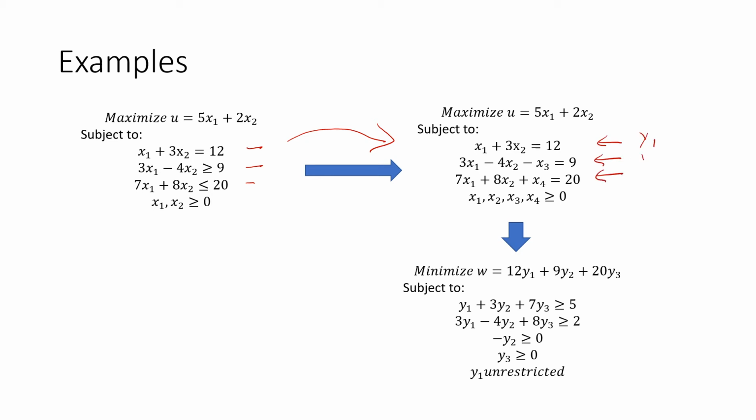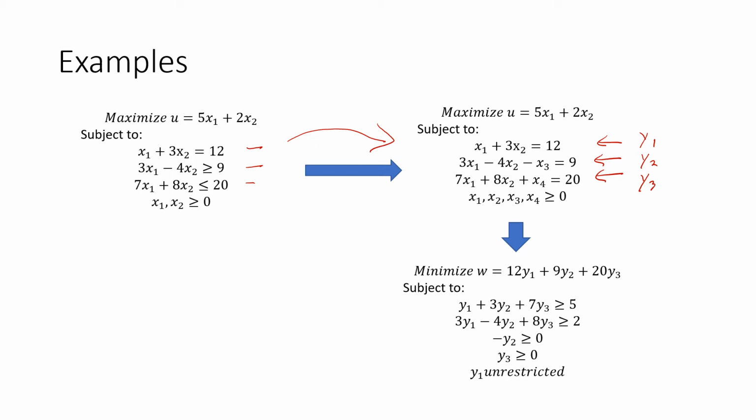So we assign y1, y2, and y3 to the three constraints in turn. The constraint for each of these now is equal. That means our dual variable is unbounded or unrestricted. So we'll keep that in mind.